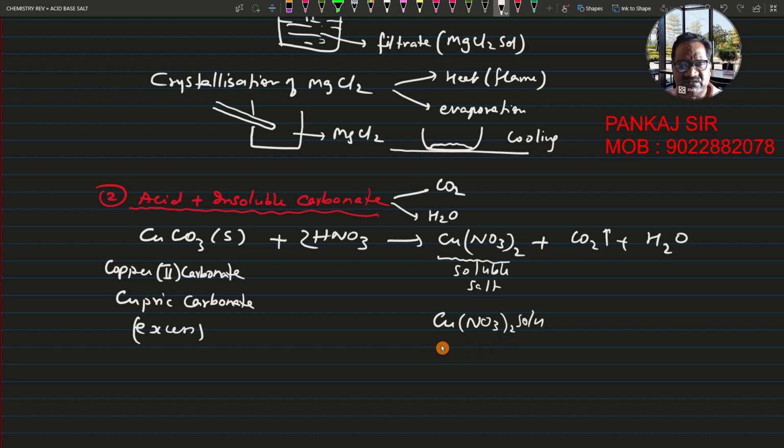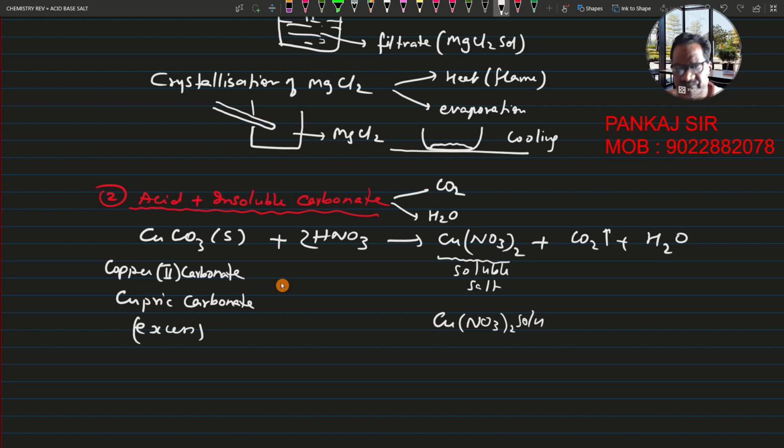Okay, so this is a way of obtaining a soluble salt called copper nitrate using insoluble carbonate and an acid. That was the second method that I discussed with you.